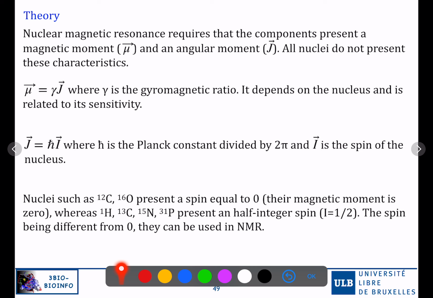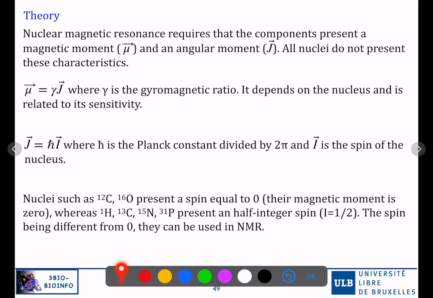Now, if I have a look at different types of atoms that you have in proteins, you have, of course, carbon atoms. For carbon, you have different possible isotopes. The most abundant isotope is carbon-12. Well, carbon-12 has a nucleus with a spin that is equal to zero.